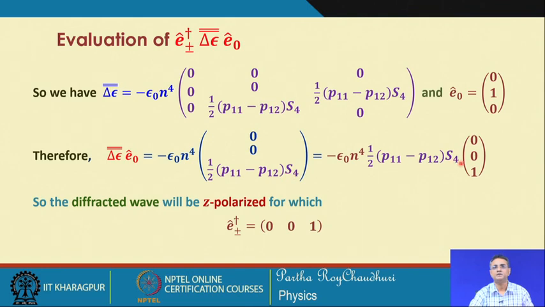This immediately tells you that the diffracted wave should be, because this will be pre-multiplied with the row vector, 0 0 1, so this pre-multiplied row vector must be 0 0 1, and then you will get a scalar quantity, which will in turn represent the coupling coefficient. Therefore, we find that if the incident optical wave is Y polarized, then the diffracted wave will be Z polarized.